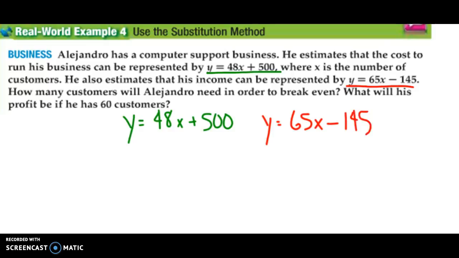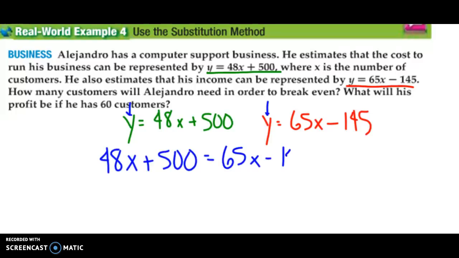To break even, the amount he makes must equal the amount it costs to run his business. You'll notice that this one is equal to the variable y, and this one is equal to the variable y. So if they're both equal to the same thing, they can be equal to each other. We'll set it up like that: 48x plus 500 is equal to 65x minus 145.